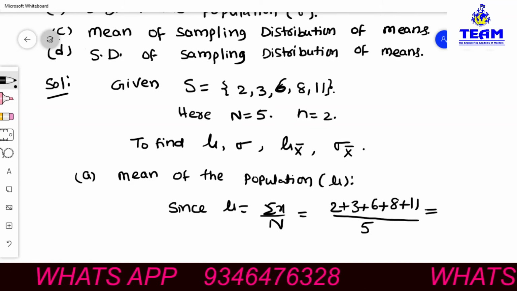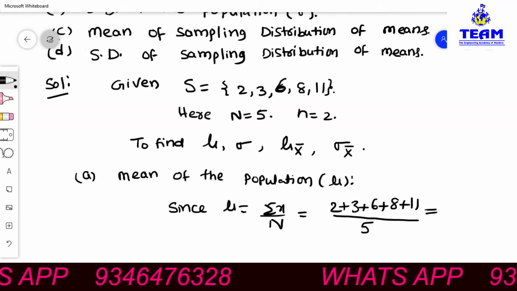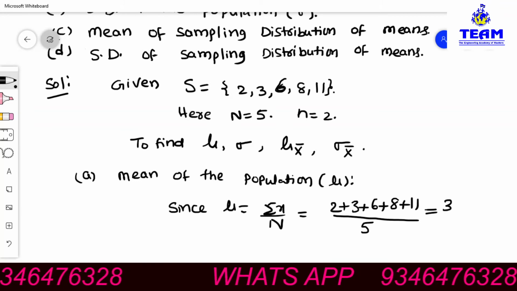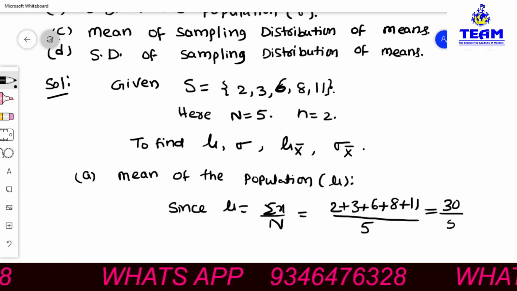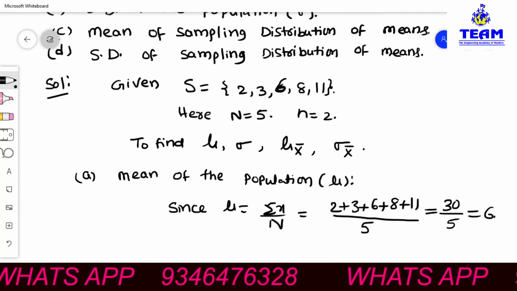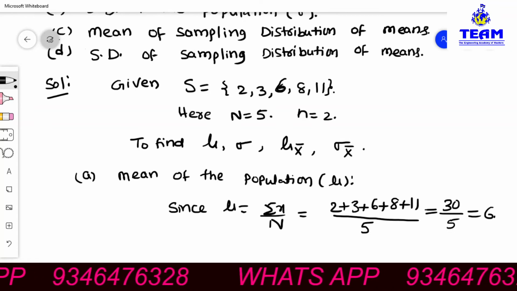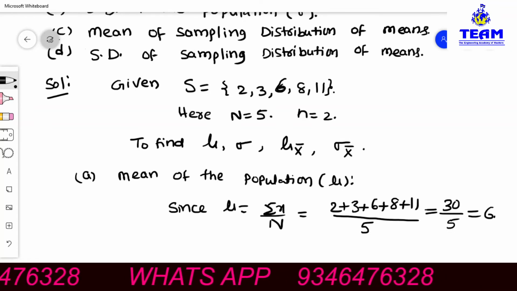Whose sum is 2 plus 3 plus 6 plus 8 plus 11, which becomes 30, by 5 equals 6. This is the mean of the population.